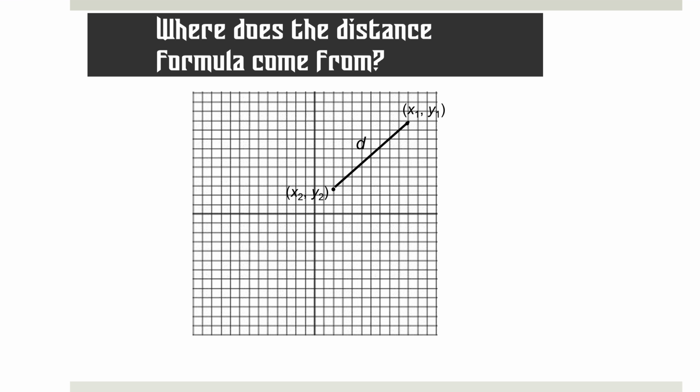Okay. My method involves being able to answer one simple question, and that is, if I put a vertical segment in there, that red segment, how long is that red segment? Now, what some of you are going to say is 7, because it's 7 squares.